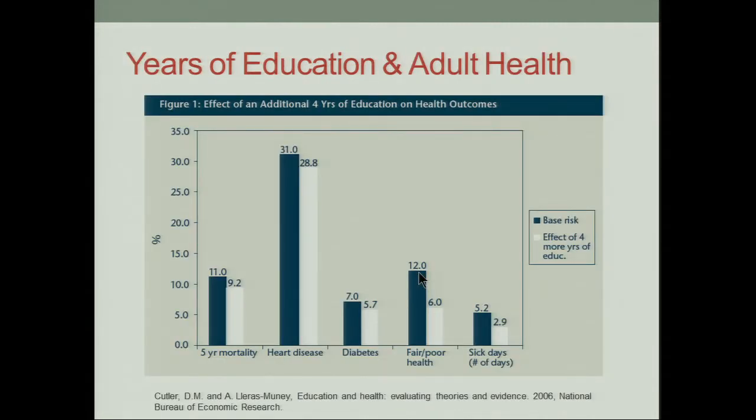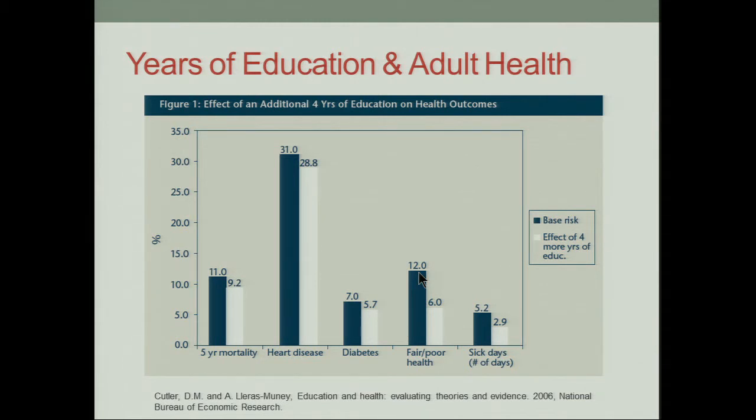There's a lot of data to suggest that this relationship exists between education and health, and some of you may be really familiar with this, but I'm going to take a few moments to briefly give you an overview of what we know already. One thing we know is that more years of education are associated with a whole host of better health behaviors and outcomes.